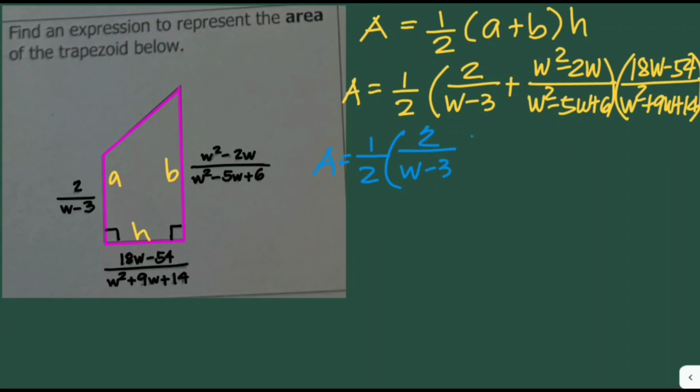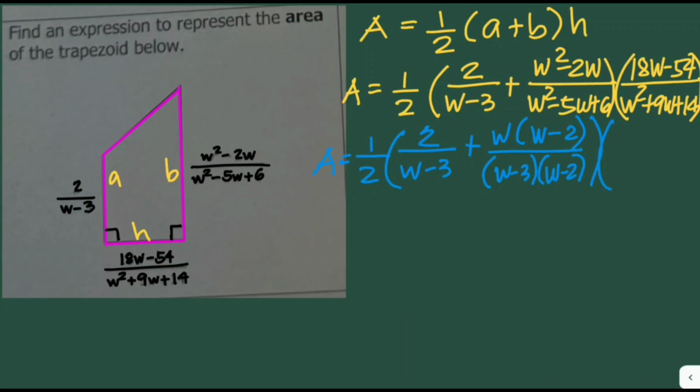w minus 3 plus w squared minus 2w, which can be written as w times w minus 2, we can factor out w, over w squared minus 5w plus 6, which can be factored as w minus 3 times w minus 2.